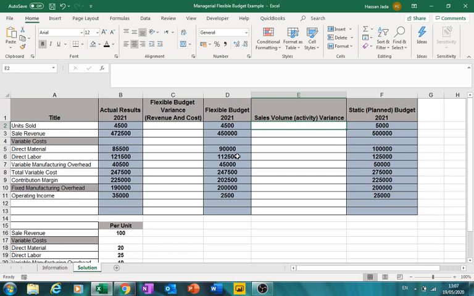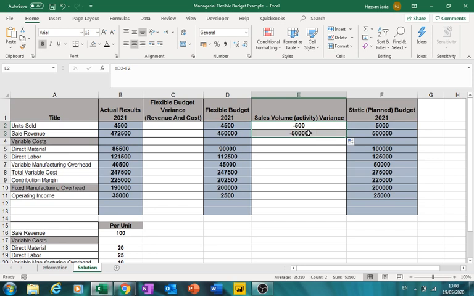Here the sales volume or activity variance is the difference between these two columns, static budget and flexible budget. Then we have the difference between this amount and this amount, for example the difference between 4,500 minus 5,000. And here we have the difference.